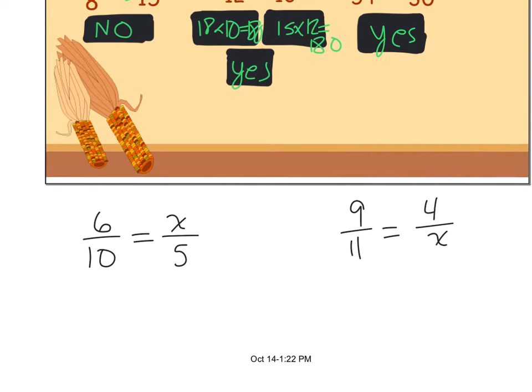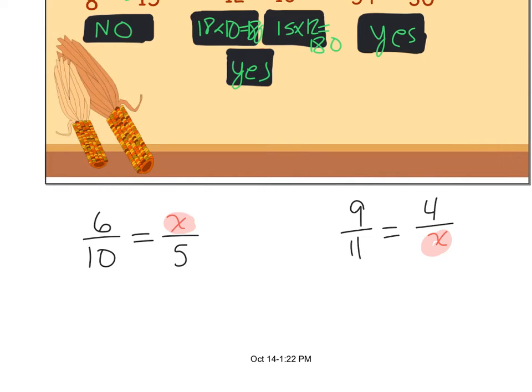And what we're actually trying to do is solve for the missing value. I'm trying to solve for this x right here. I'm trying to figure out what that x equals. And I'm going to show you how to do that here real quick. And Mr. Van Kirk is also going to do that on Thursday with you, okay?